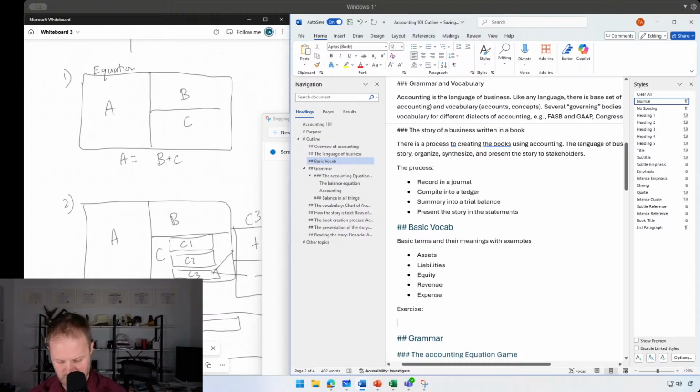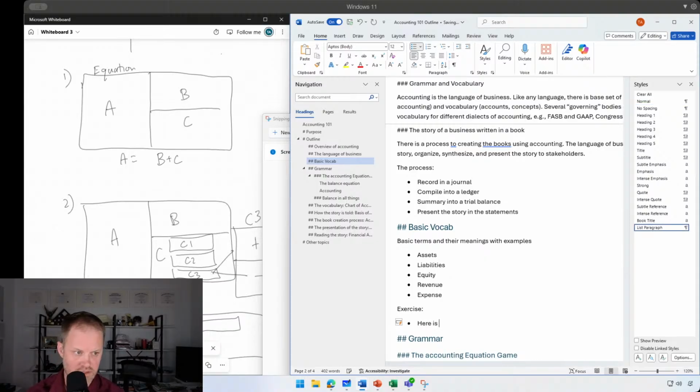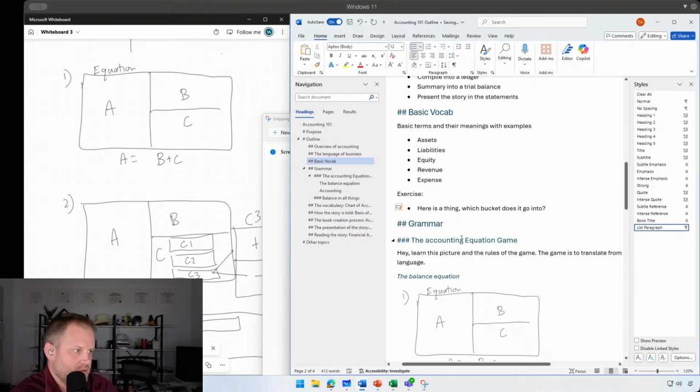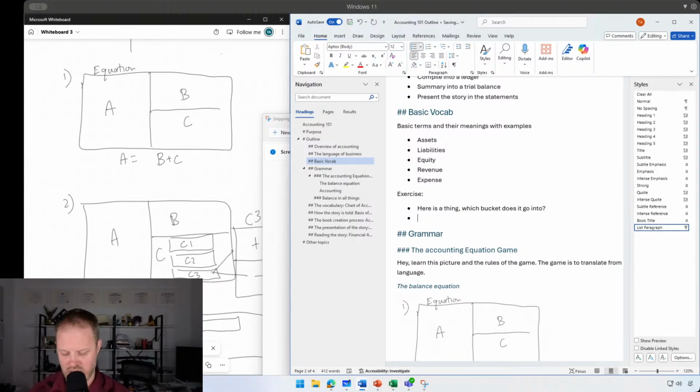So an exercise would be, here is a thing. Which bucket does it go into? So once you know assets, liabilities, equity, revenue, and expense, then you could say, okay, cash owned by the business.